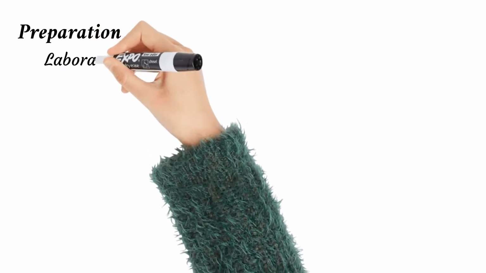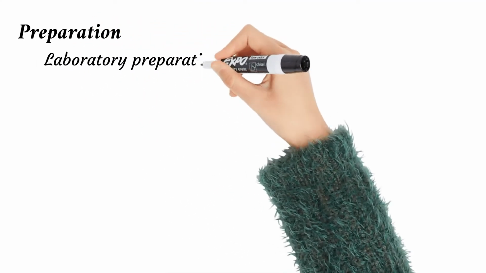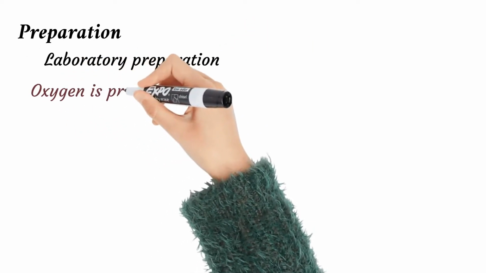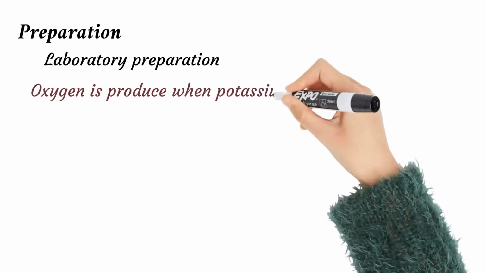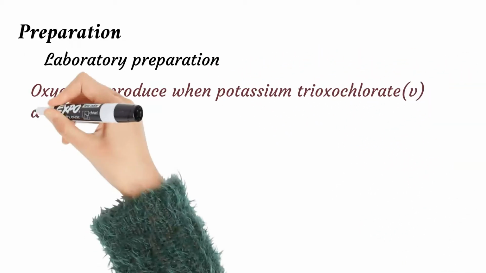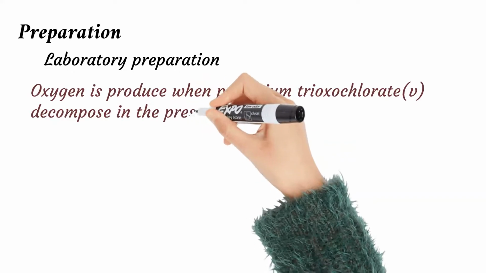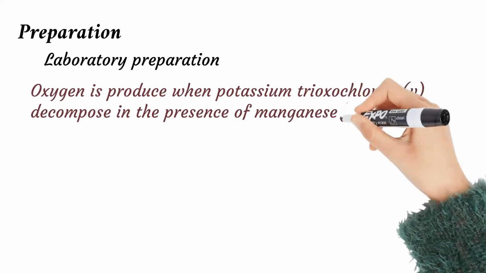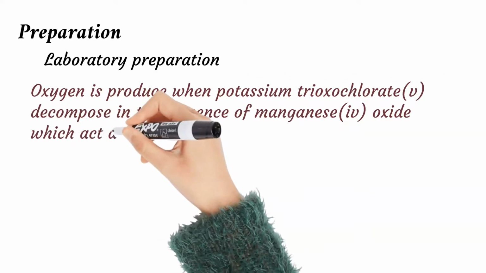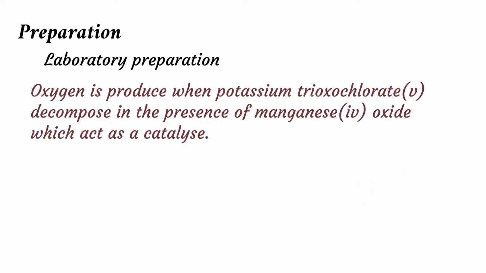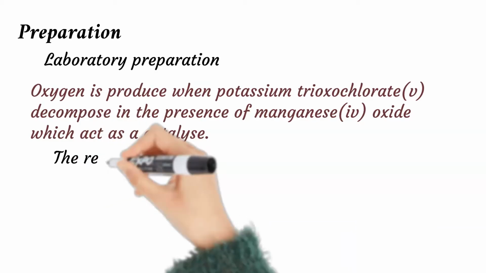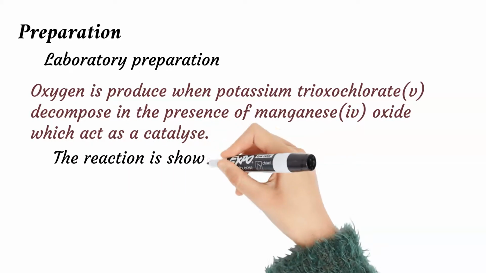Preparation of oxygen. First, we look at the laboratory preparation of oxygen. Oxygen is produced when potassium trioxochlorate 5 decomposes in the presence of manganese 4 oxide, which acts as a catalyst. Alright? The manganese 4 oxide does not react with it, it is just present to make the reaction faster. The reaction is shown below.